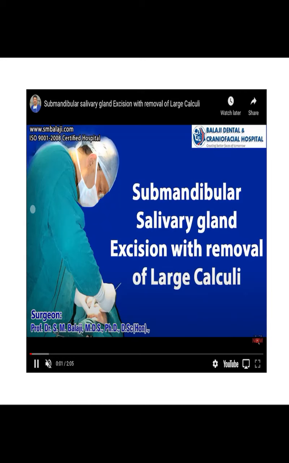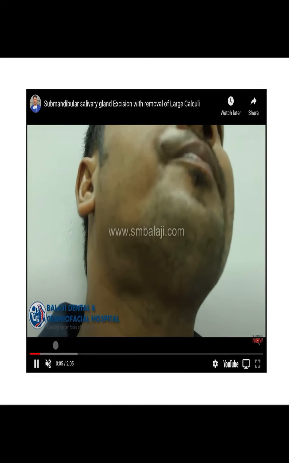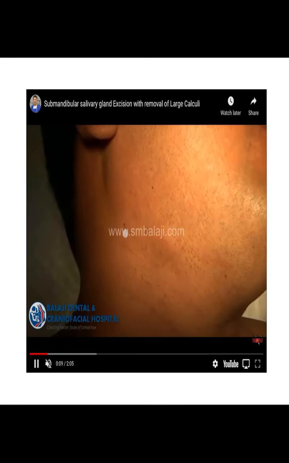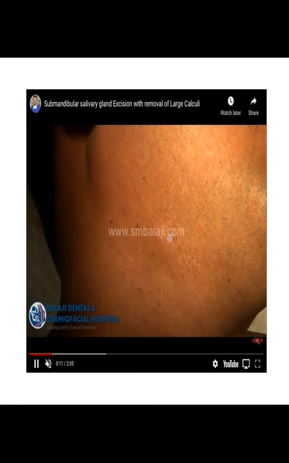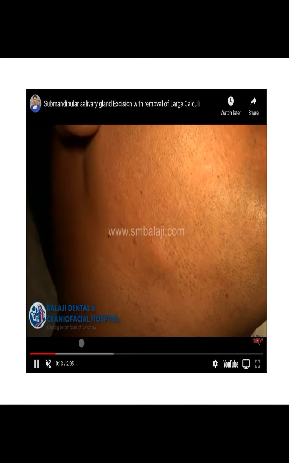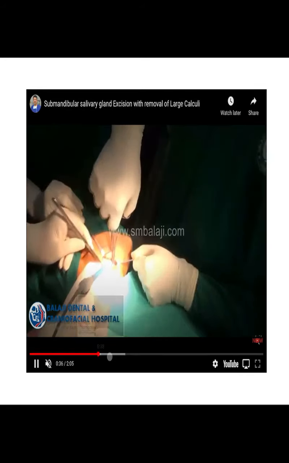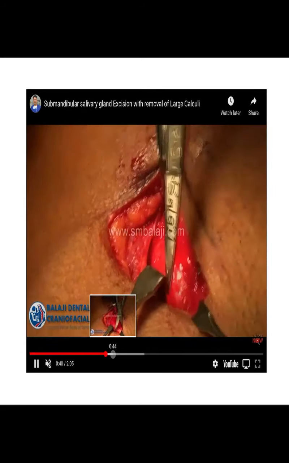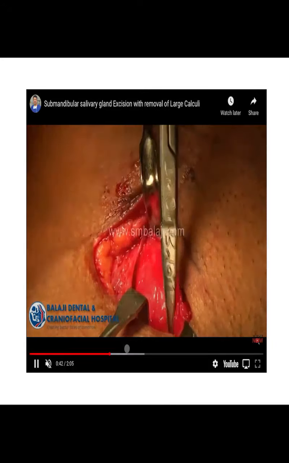Moving to another procedure, both procedures are done under GA. This is another example. This is a smaller gland. Marking the incision, making the incision and dissecting with a surgical scissor.